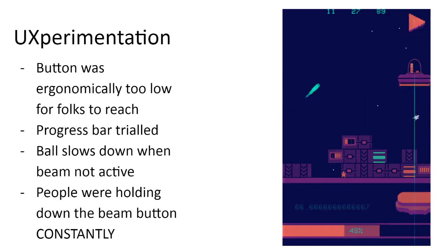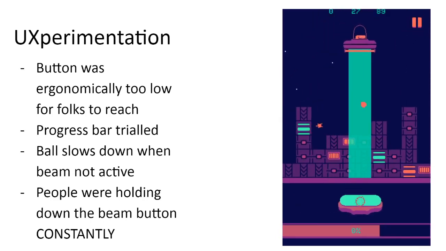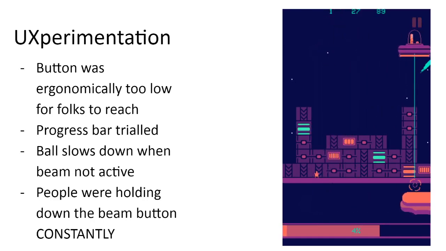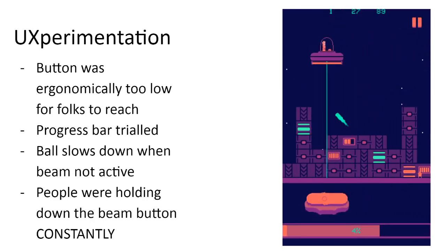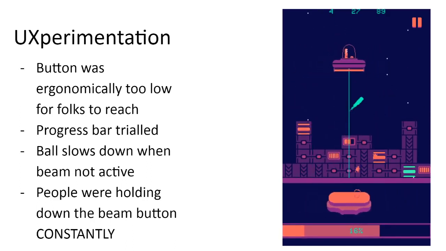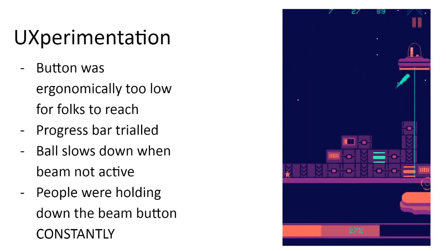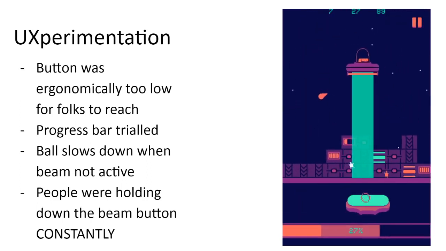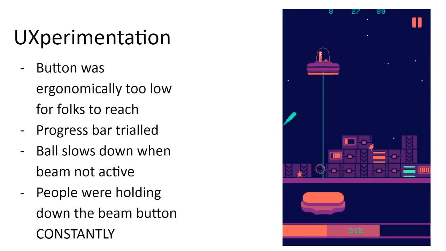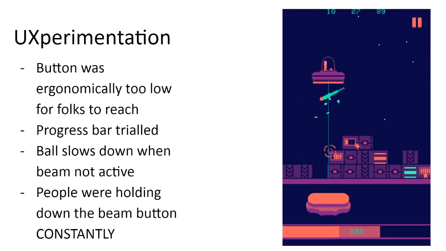It was really far down the screen, so it was a strain for people to reach. On top of that, players were constantly holding down the beam button because they thought they could, and what I had in place was that it was almost using your fuel. So over time, it would sink, and players would basically crash themselves into the ground without even realizing that they were losing.